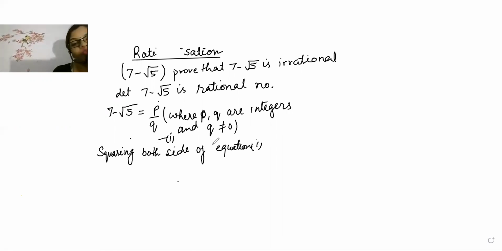Squaring both sides of equation 1, then this one will become beta 7 minus root 5 whole square is equal to P by Q whole square.